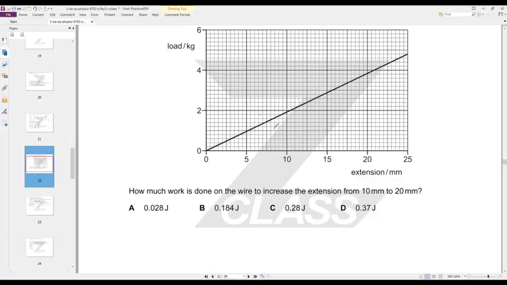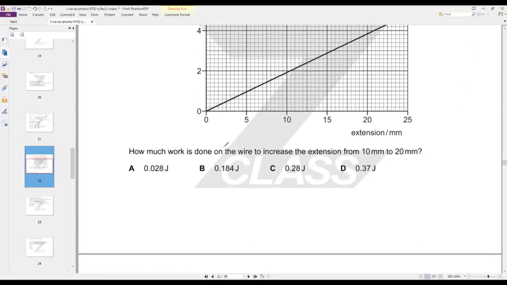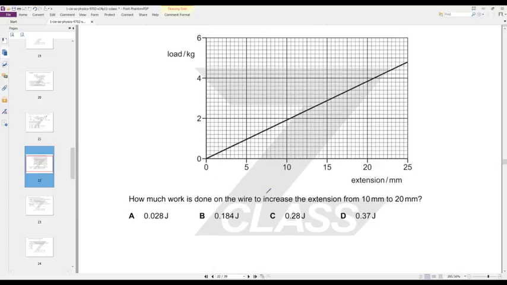But it's the same idea, right? It's the exact same thing. So we are elastic because we have a straight line. How much work is done on the wire to increase the extension from 10 millimeters to 20 millimeters? So, we are looking for area under the graph, essentially, and then converting this one into force.